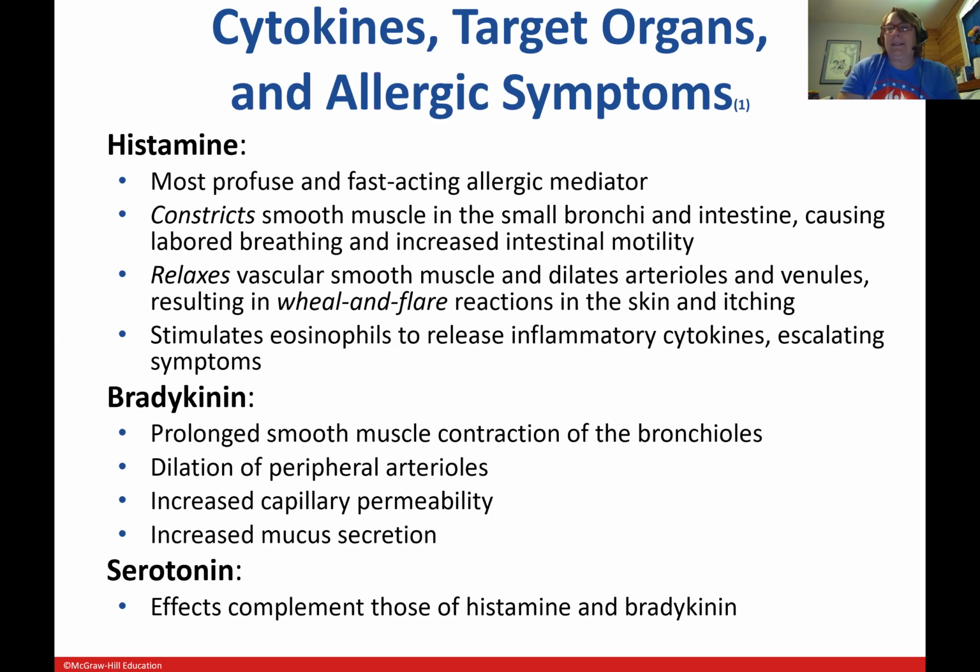Okay, it dilates arterioles and venules, so those are those small blood vessels kind of out in the extremities. And it results in something called a wheal and flare reaction on the skin. And in a couple of slides, I'm going to show you a picture of that. So I'll leave the description to that slide when I have a picture. But itching is a common response to an allergic stimulus.